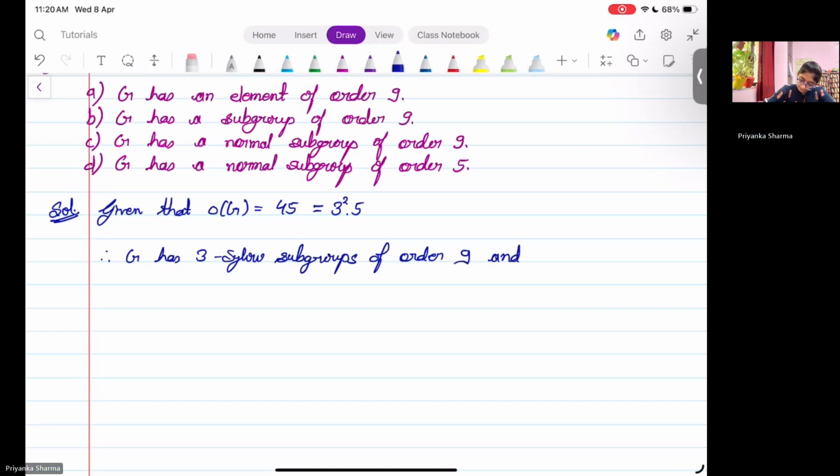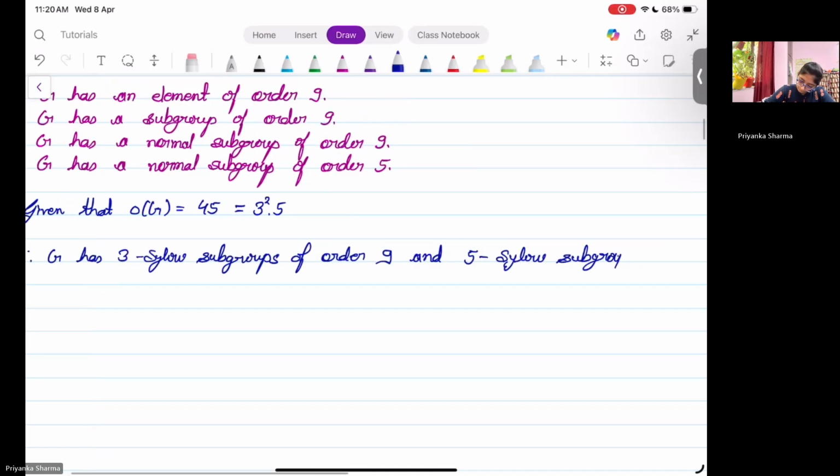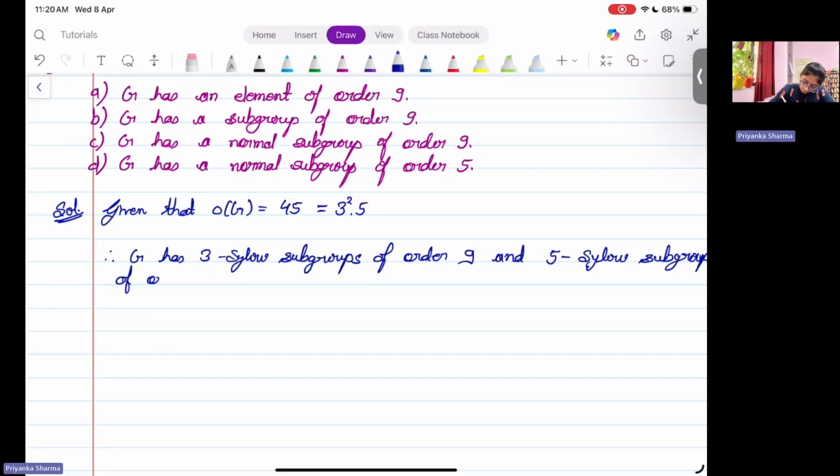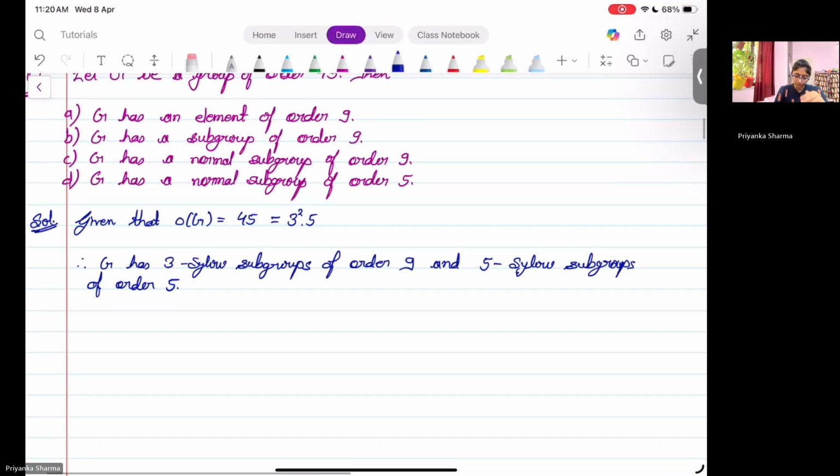And it has 5 Sylow subgroups also, of order 5, because 5 divides the order of G, but 5 squared doesn't divide the order of G. It means option B is correct.